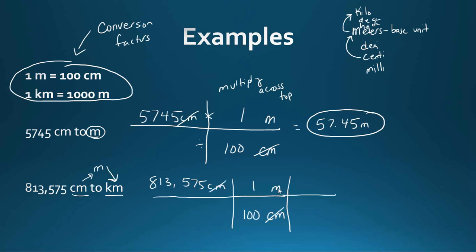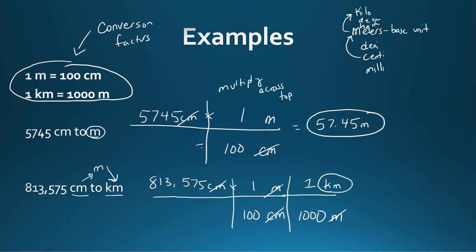Centimeters cancel. We're left with meters. We're not done yet. There's still another step. We need to go from meters to kilometers. So now we have to cancel our meters. We put meters down here, kilometers up here. 1 kilometer is equal to 1,000 meters. Now our meters are canceled. We're left with just the unit we want, kilometers.